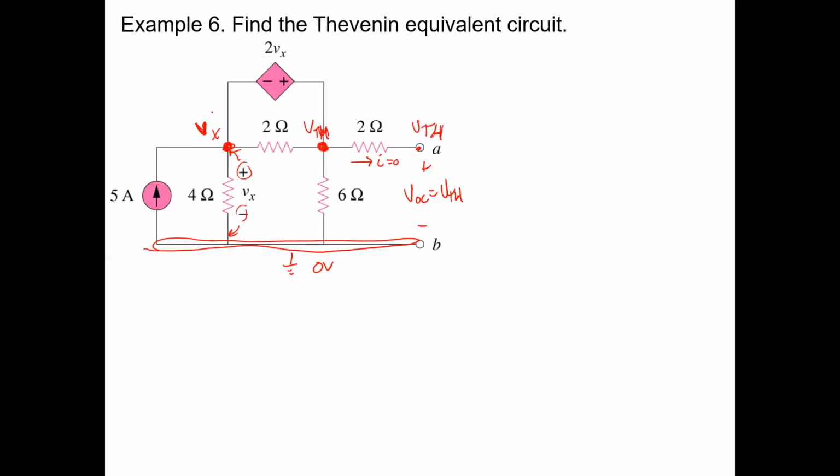So what else do we have in this circuit that makes it interesting? You're going to do nodal analysis. What do you see? You see a supernode. Where's the supernode? At the top. This part right here is a supernode. Why is it a supernode?